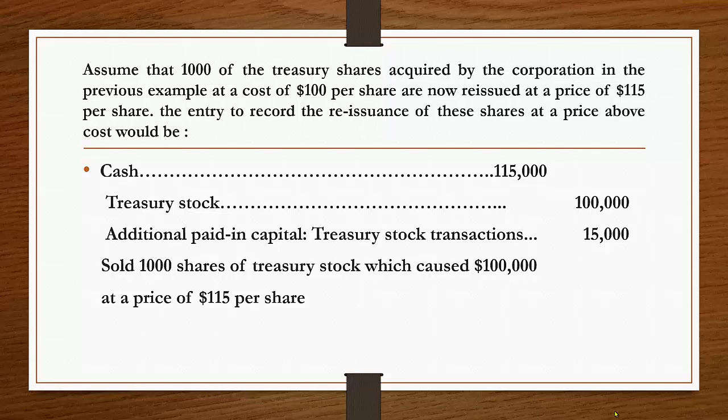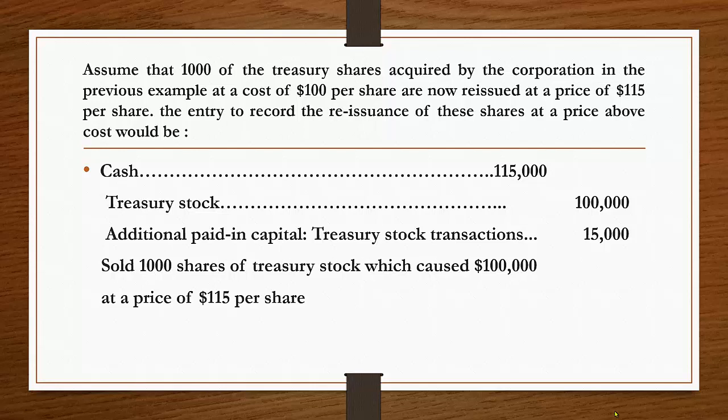Treasury stock will be credited by 100,000. It is the actual purchase price of the company, which was $100. So $100 multiplied by 1,000 will give us 100,000. And additional paid in capital, treasury stock transactions, comes to 15,000 because the company is making $15 extra premium on each share.